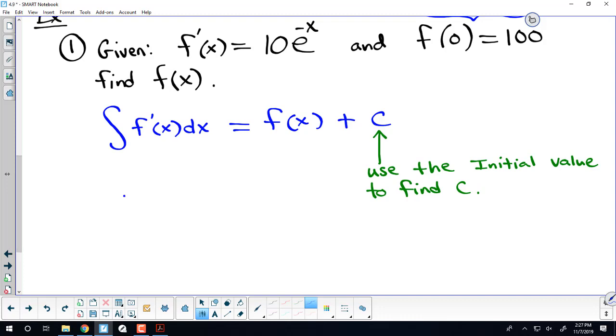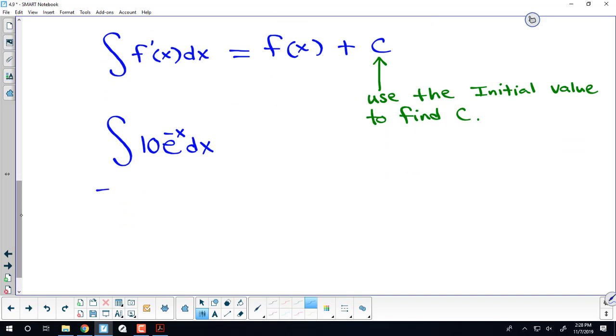So what we have is the antiderivative of 10e to the negative x with respect to x. And what would the antiderivative of 10e to the negative x be? Yeah, negative 10 times e to the negative x. Does everybody agree with that?